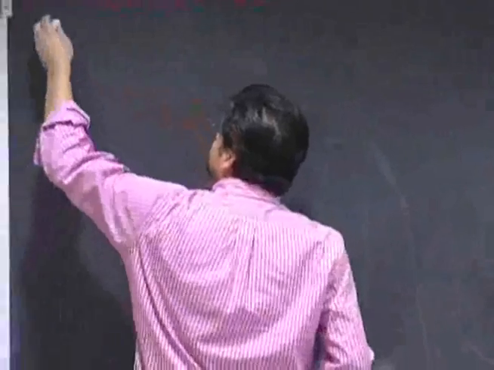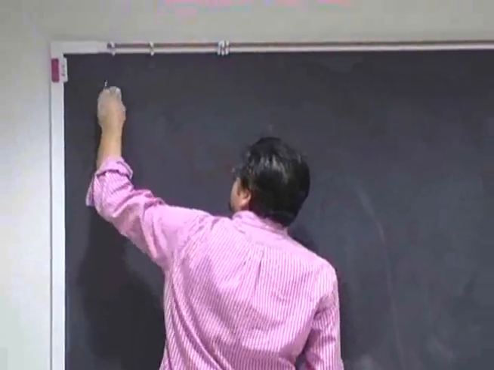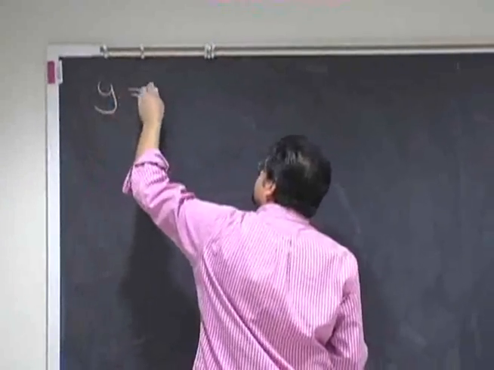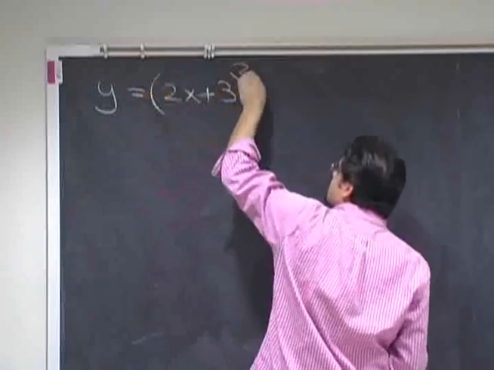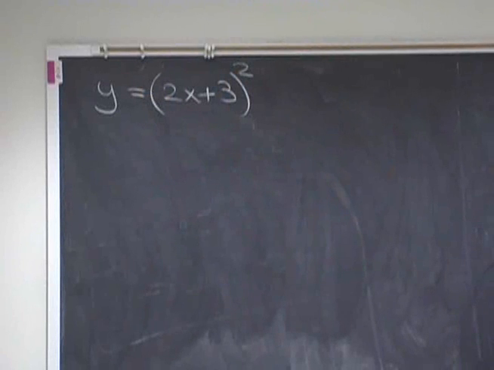All right. Let's take a look at this function. y equals (2x plus 3) squared. And we want to calculate the derivative of this function. Okay.